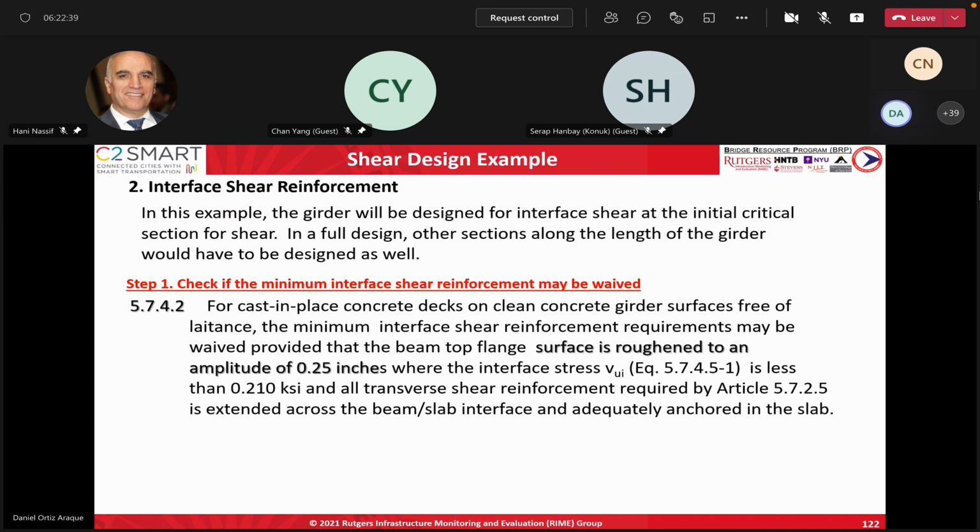If this is correct, AASHTO lets us check if we need shear reinforcement, or we can waive it, providing that the transverse reinforcement is extended into the slab.